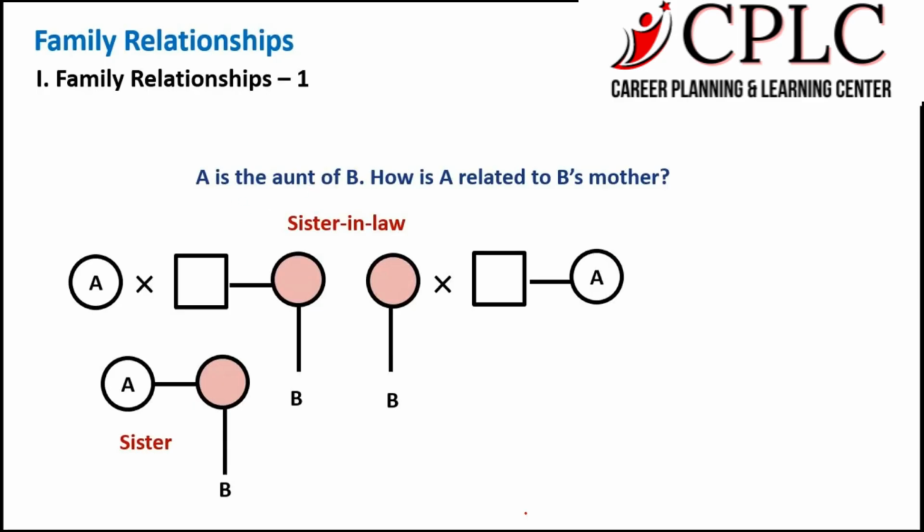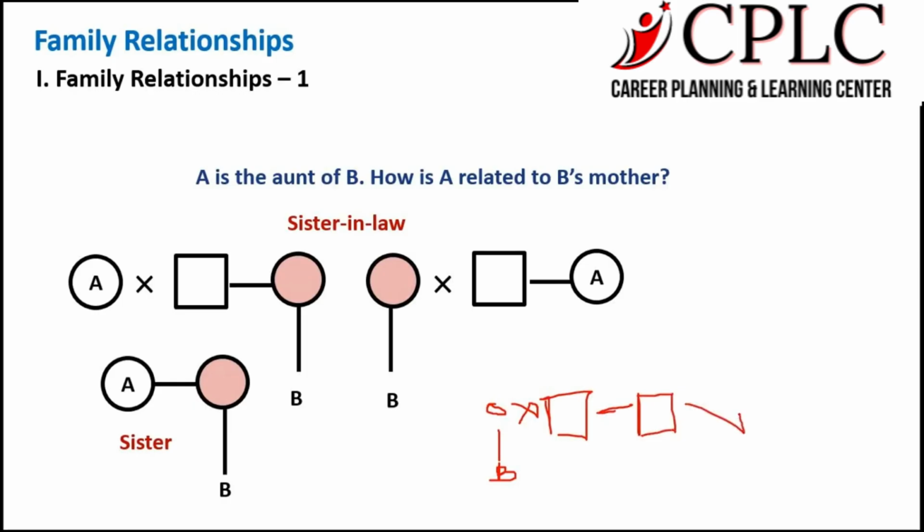The fourth possibility, A is aunt of B, has to be what? Chachi. So let's say this is B. This is B's mom. B's dad.